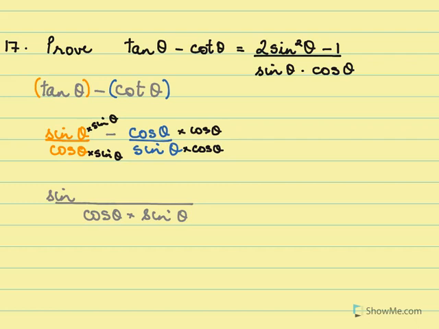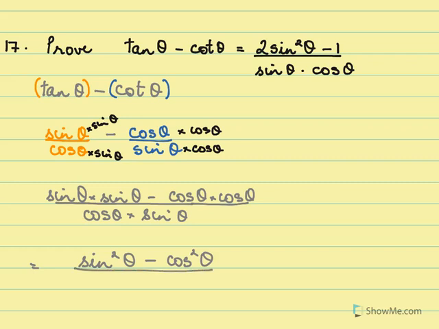So here we have sine theta into sine theta, and here cos theta into cos theta. So sine square theta minus cos square theta over cos theta sine theta.